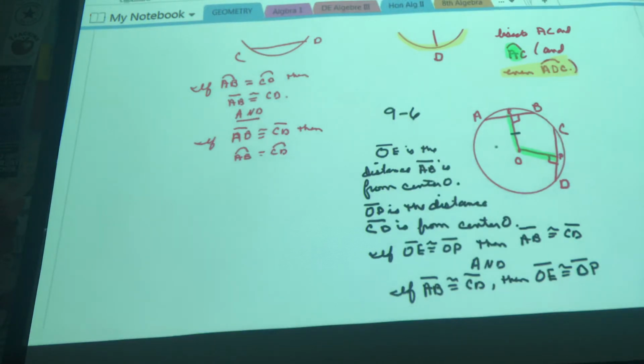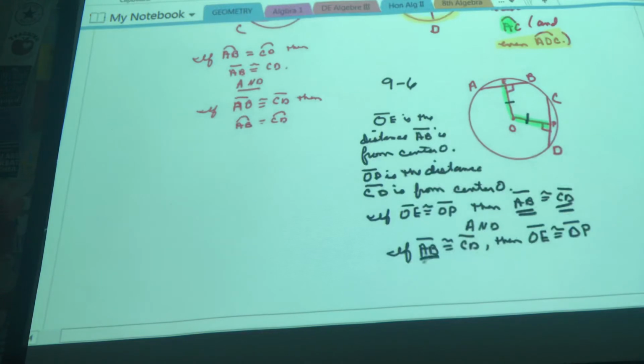So, if segment OE is the same distance as segment OP, then chord AB will be congruent to chord CD, and likewise, if chord AB is congruent to chord CD, then their distances OE and OP will be equal as well.